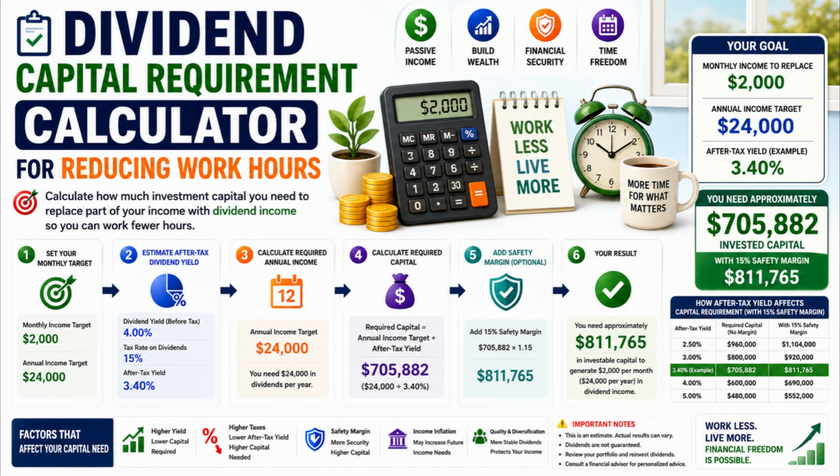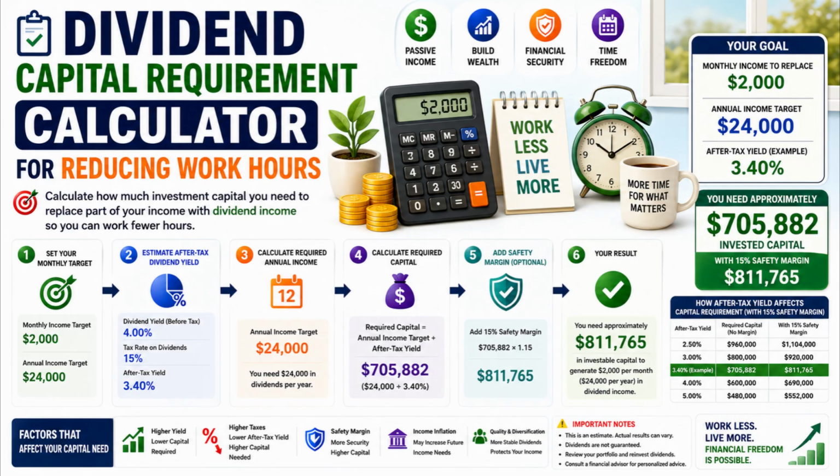To calculate the adjusted capital target, multiply $705,882 by 1.15. This produces an adjusted capital target of approximately $811,765. In other words, if you want extra protection and more flexibility, you may aim for about $811,765 instead of only the minimum estimate.